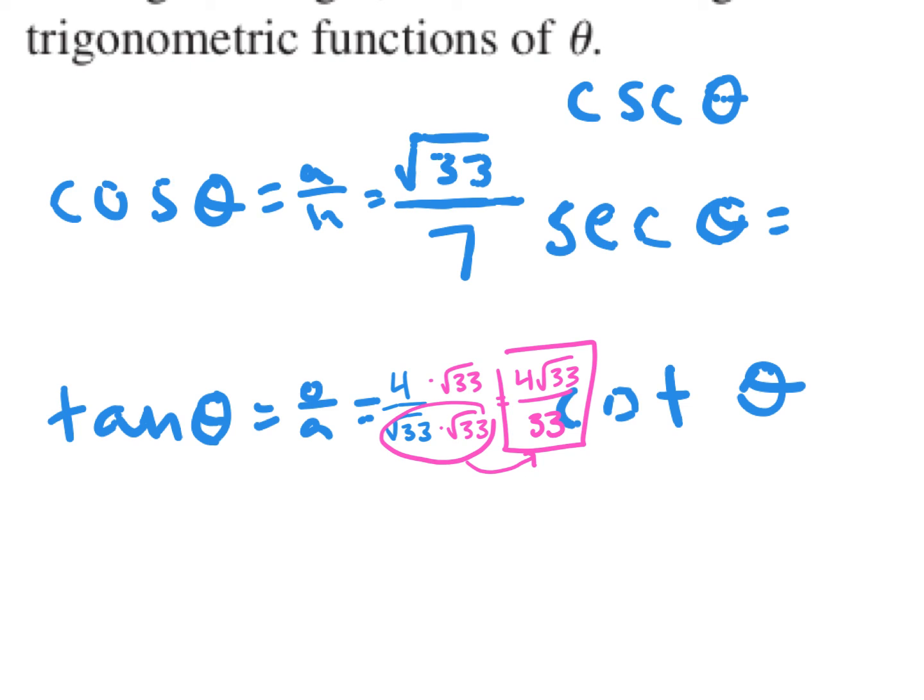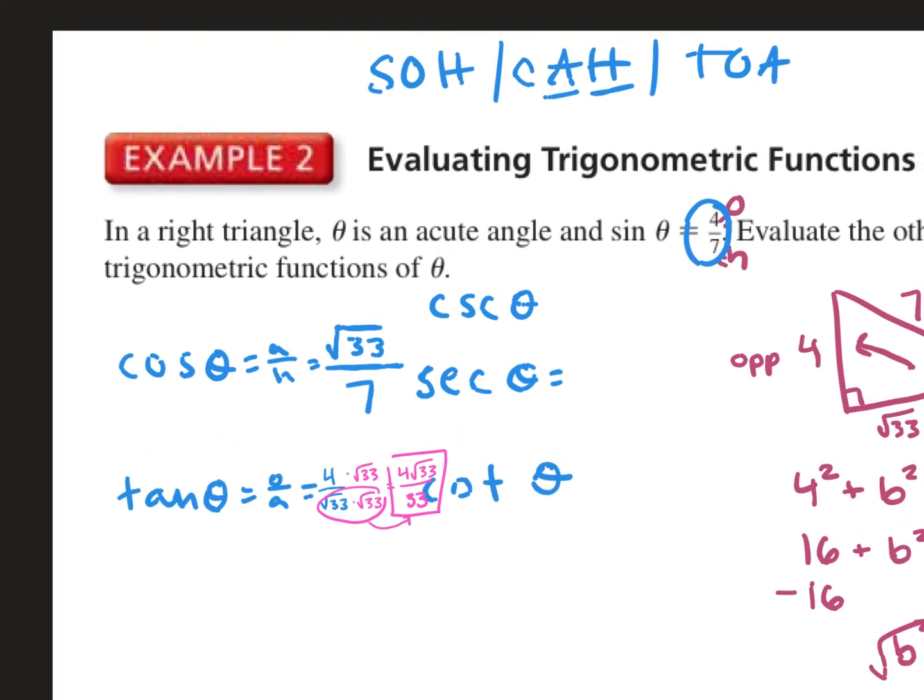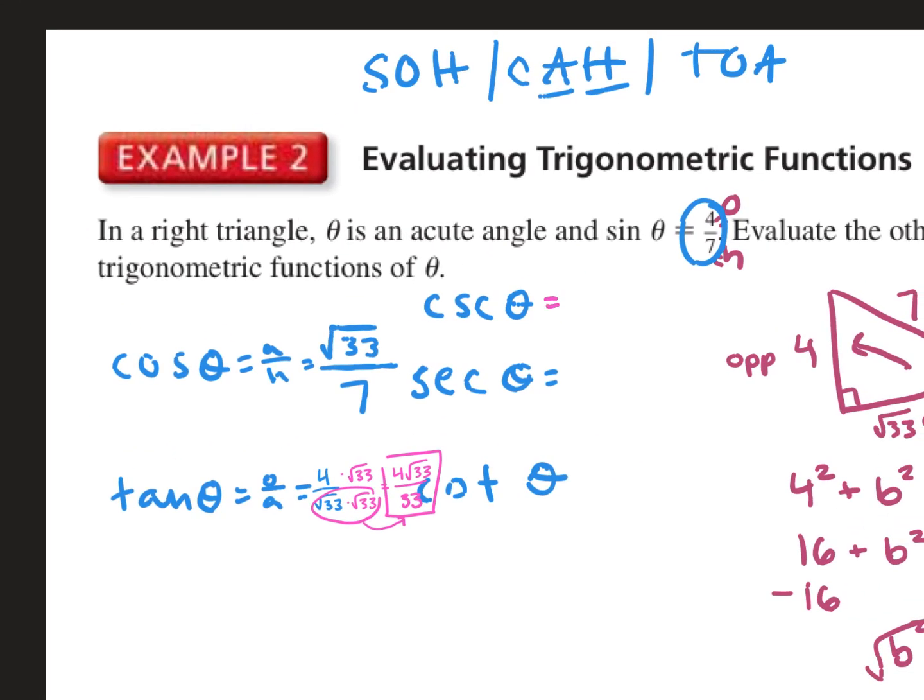All right, what would cosecant be? Oh, 7 over 33? Cosecant, remember, goes with sine. Oh, then 7 over 4. What about secant? 7 over square root 33. Can't have square root 33 in the denominator, so what do we have to do to it?